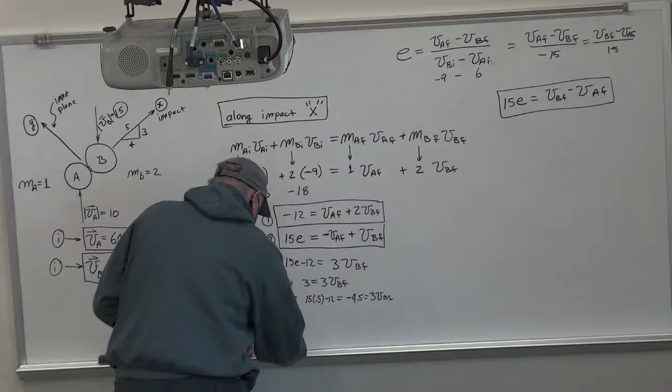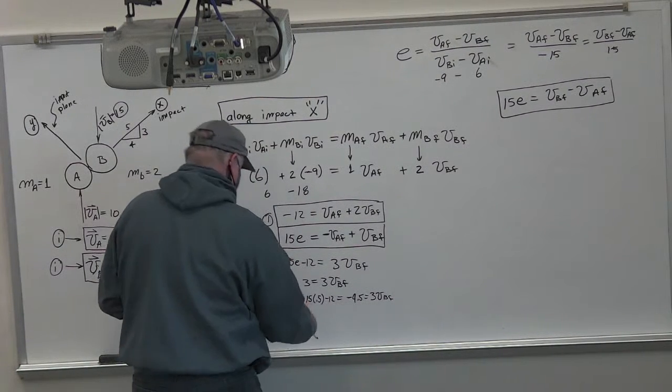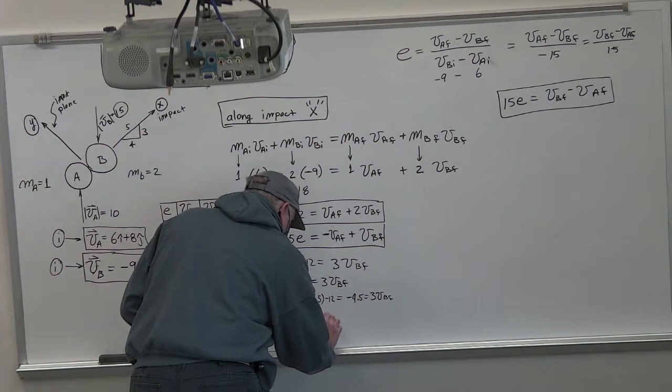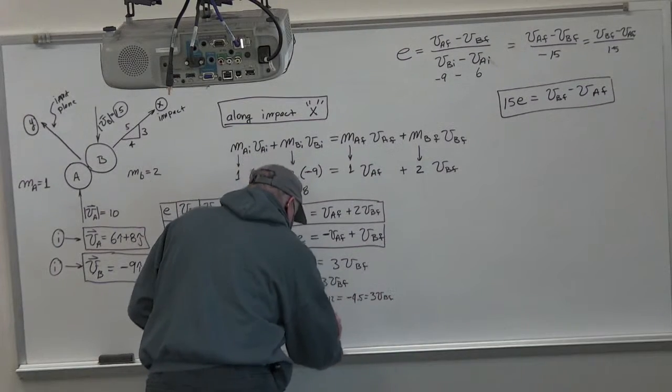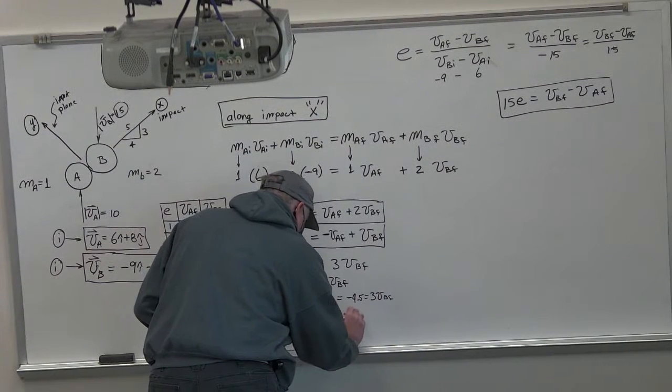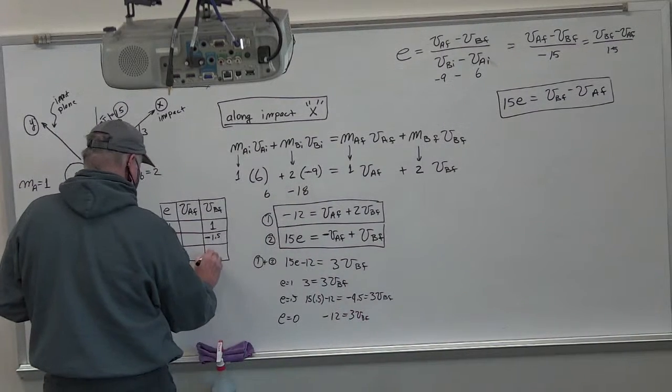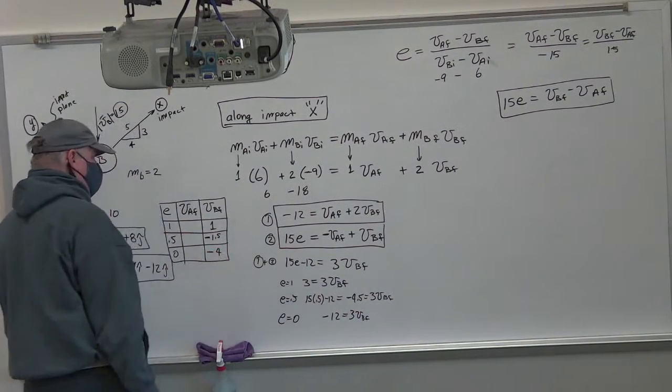And E is equal to 0 gives you minus 12 equals 3 VB final, or minus 4.